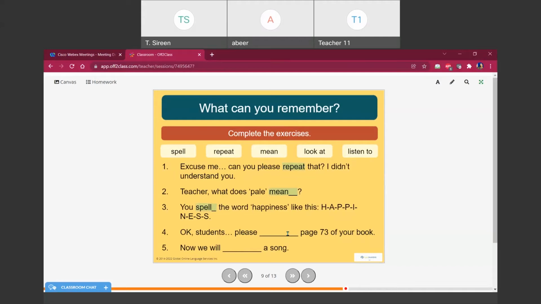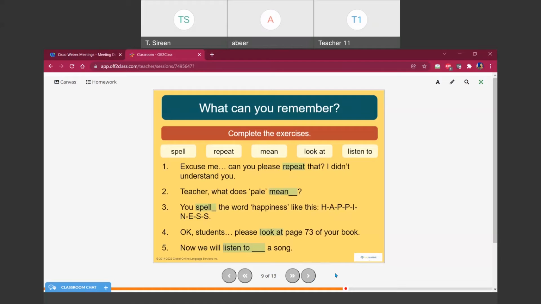Okay, students, please look at page 73 of your book. Now we will listen to a song. Very good. So we're going to listen. We will listen to a song.